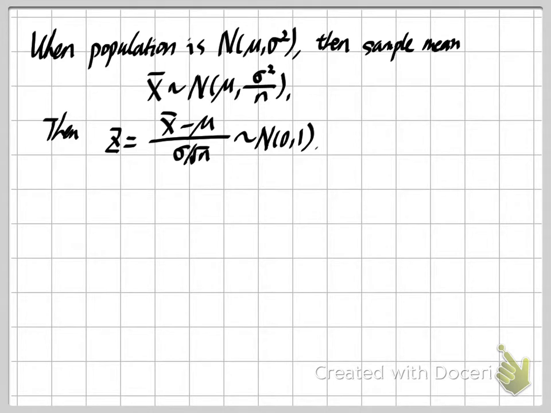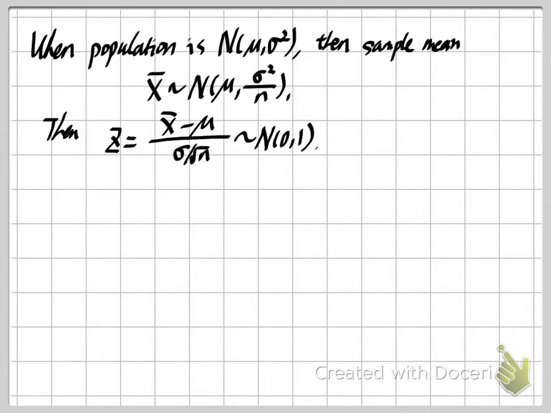Now, based on our knowledge about standardizing a normal random variable, we can rewrite this as a z value: our sample mean minus our population mean, divided by sigma over the square root of n.